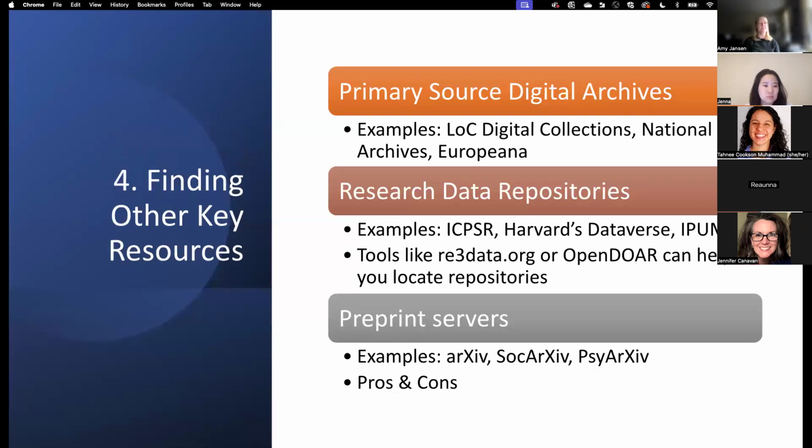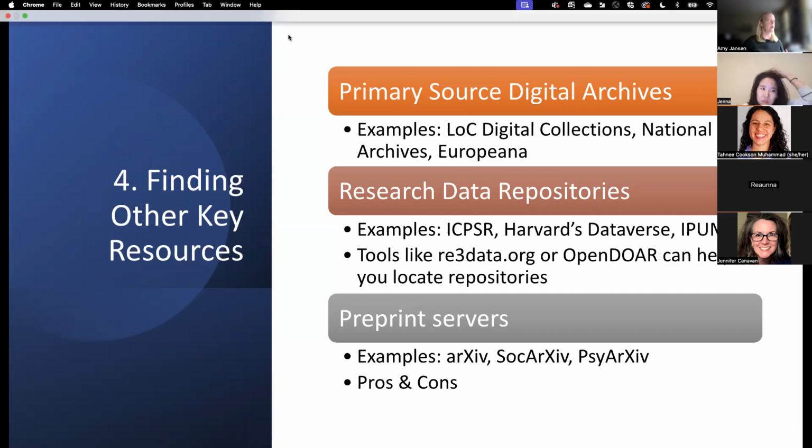One thing just to mention is data. In addition to the digital archives, some of you may need to find data at some point, or at least know where to go to find it. There are a few that I would suggest. ICPSR is an open data repository that's hosted by the University of Michigan.